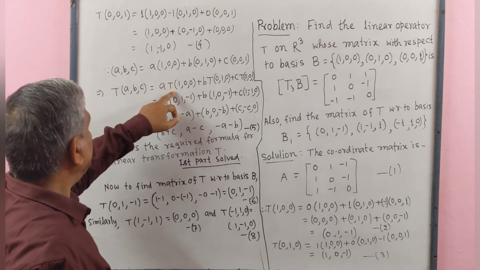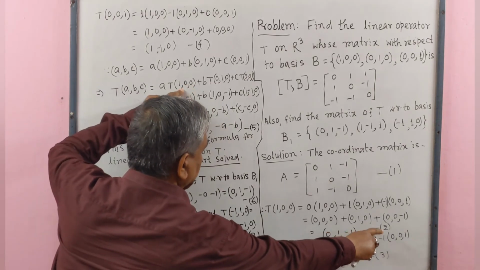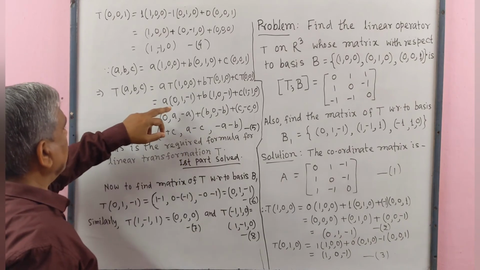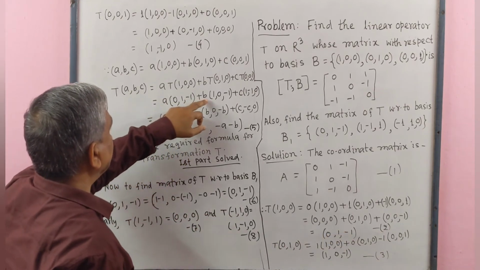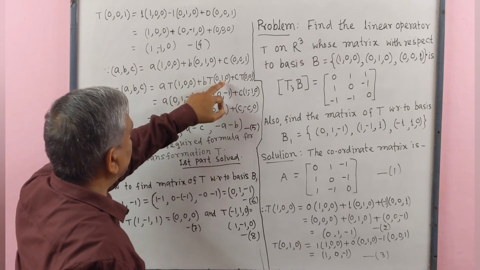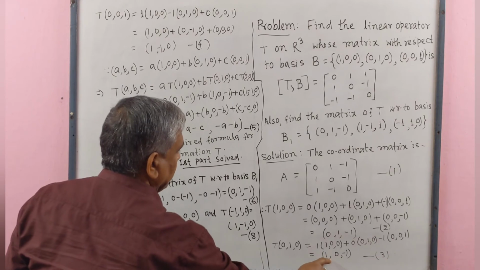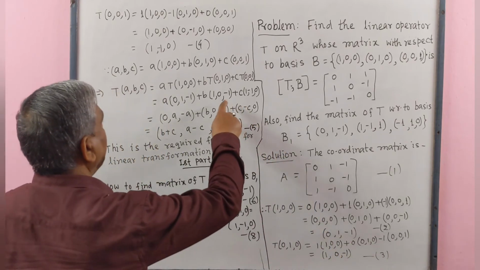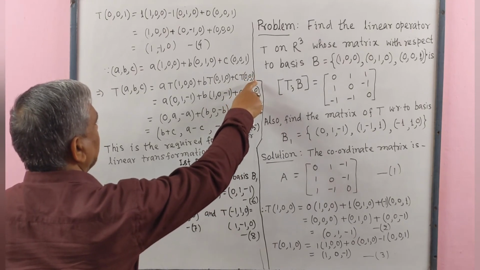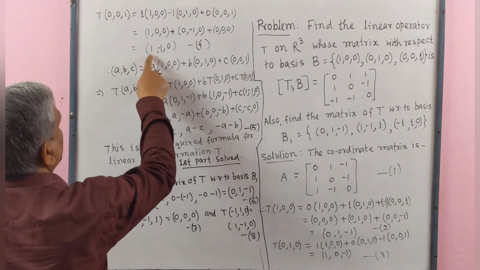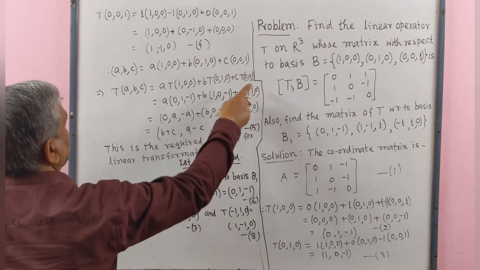Since T(1, 0, 0) from number 2 is the ordered triplet (0, 1, -1), plus b times T(0, 1, 0) from number 3, which is (1, 0, -1), plus c times T(0, 0, 1) from number 4, which is (1, -1, 0).